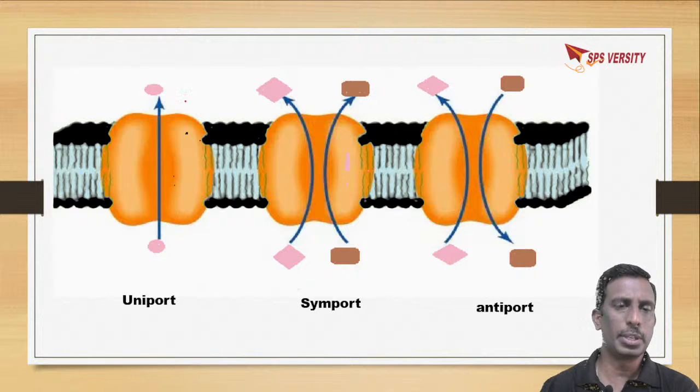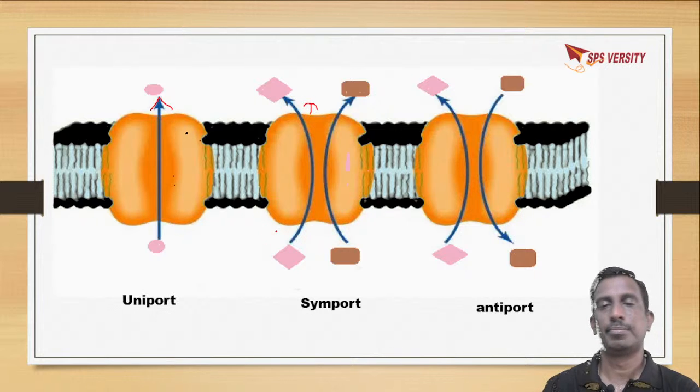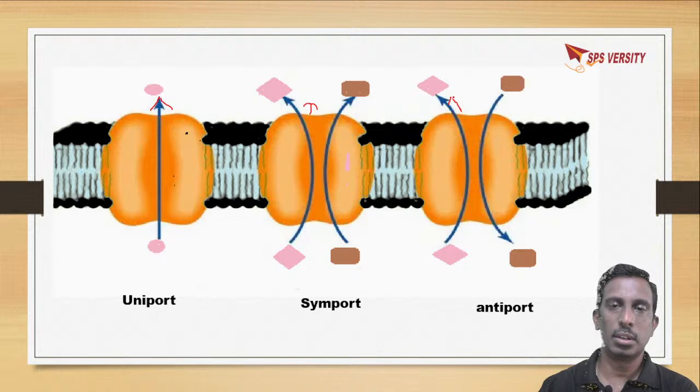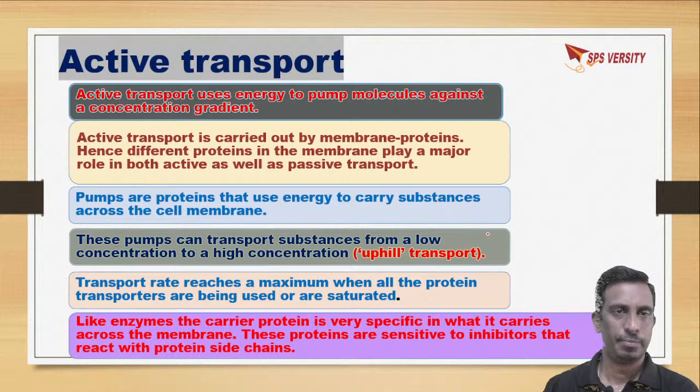You can see in the picture, in uniport only one molecule is transported. Symport, two molecules are transported in the same direction. Antiport, two molecules are transported in opposite directions. Okay.